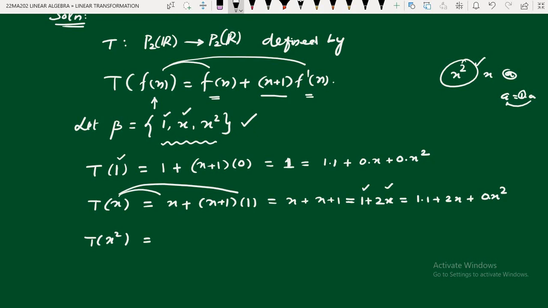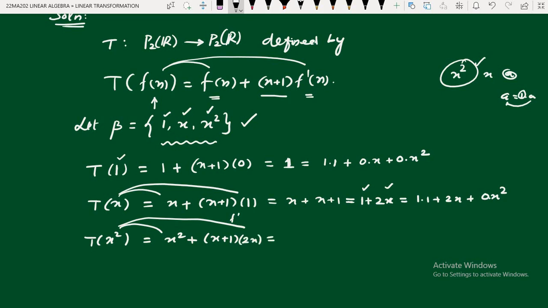So 1 and x are over, now come for x square. T of x square means first write the element as it is. By the definition, T of f of x equals f of x, you have to write it as it is, plus x plus 1 into the derivative f dash. Here f dash is nothing but the differentiation of x square, which is 2x.